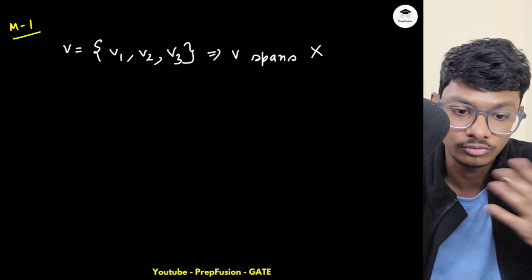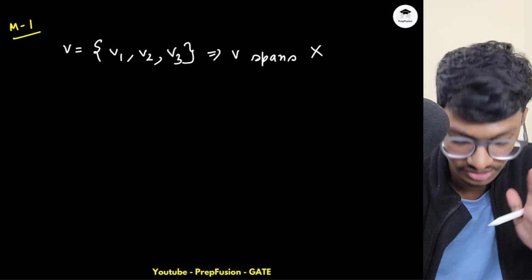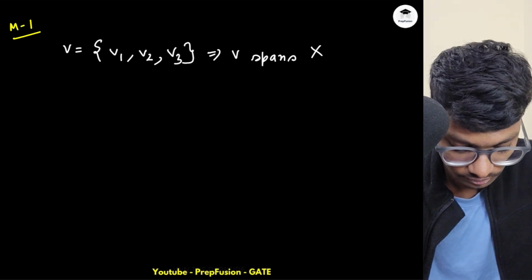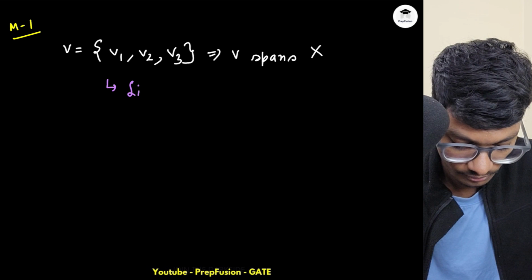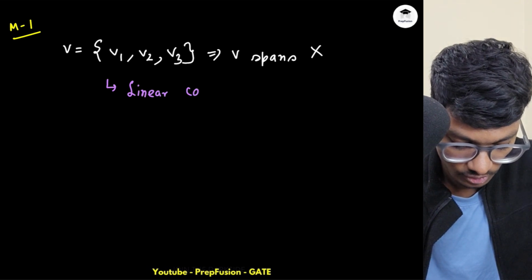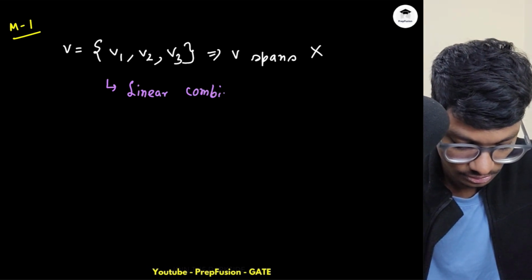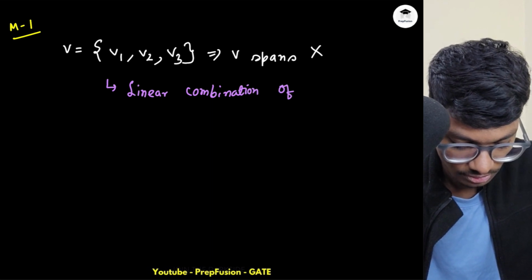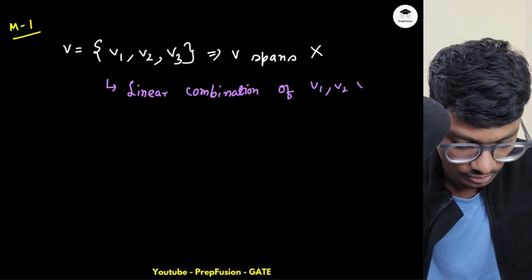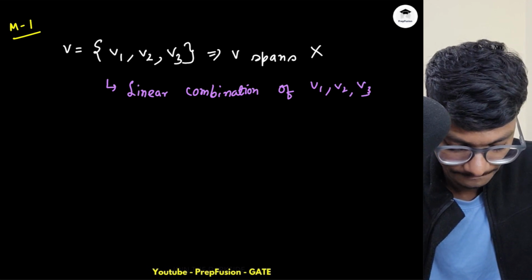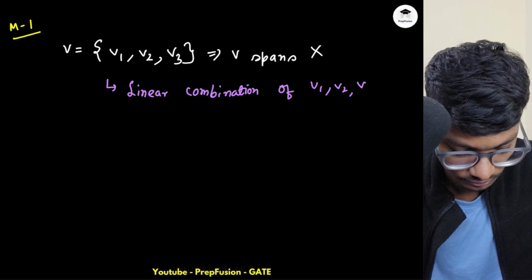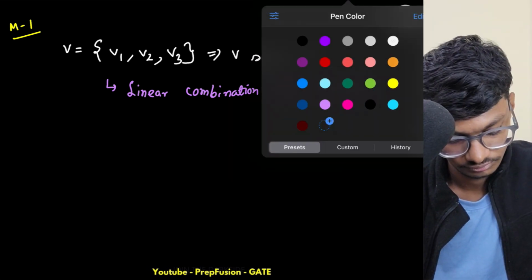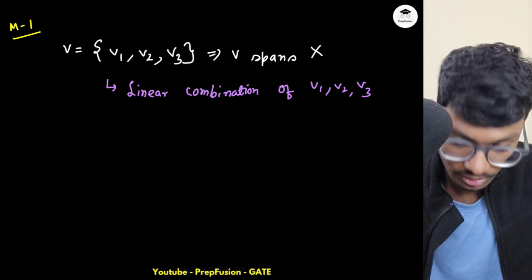How do we find out? We have to use the linear combination of v1, v2 and v3. So basically, how can I write this?